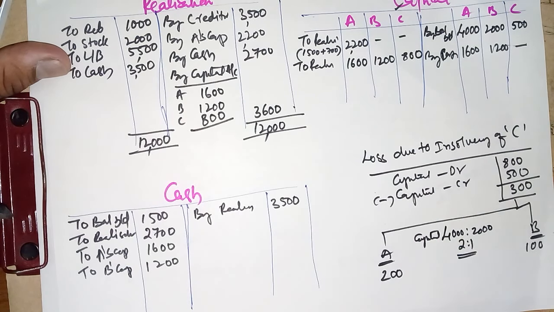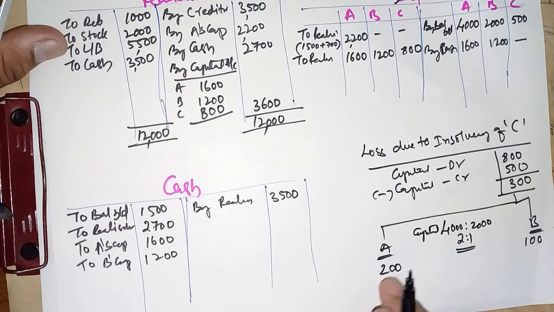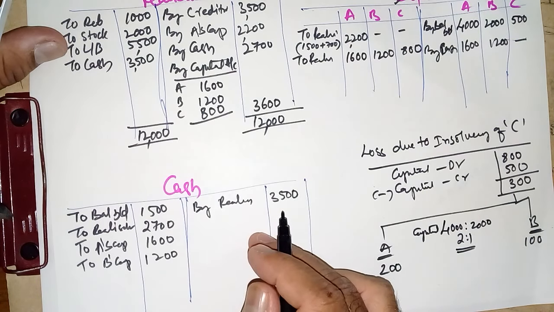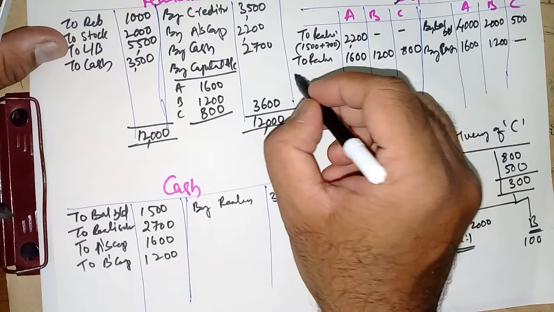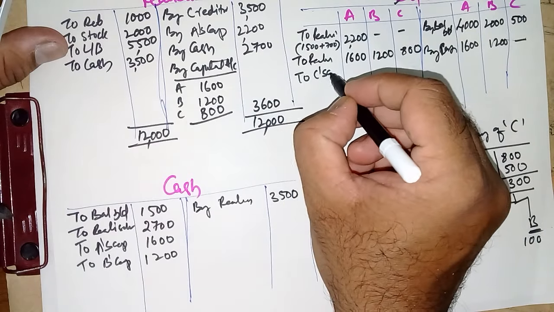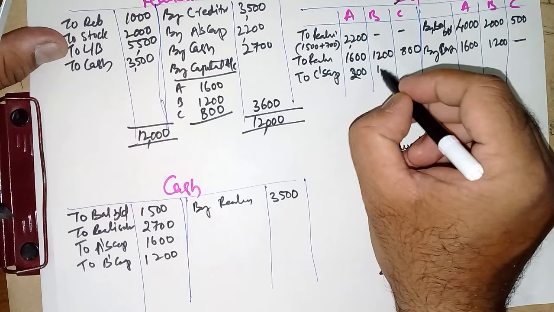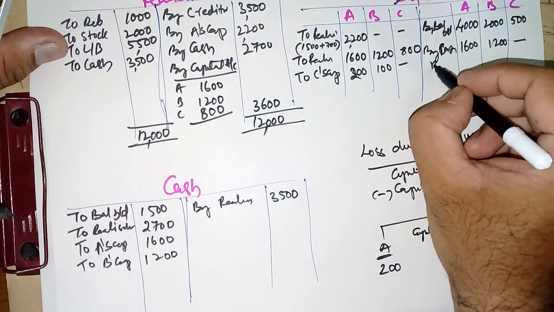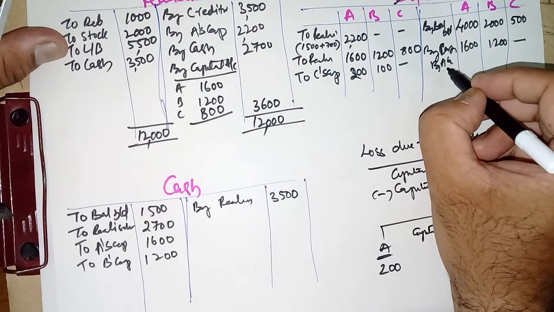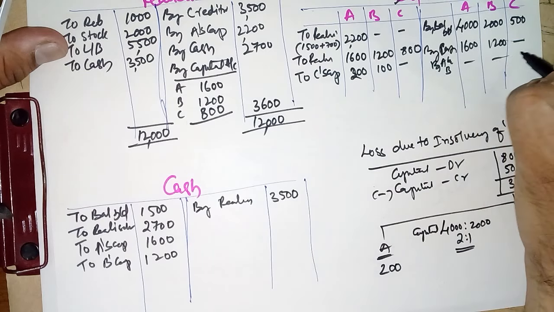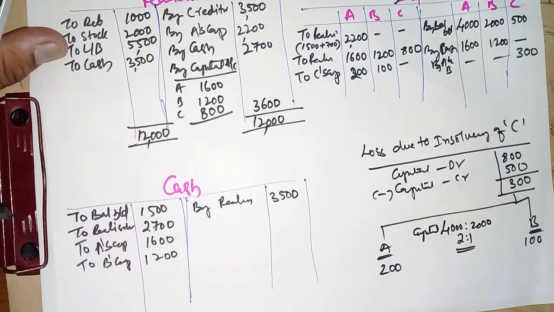For distribution of this loss, the entry would be A's capital, B's capital to C's capital, that is solvent partners' capital to the insolvent partner's capital. So we write to C's capital, 200, 100 and by A and B's capital in the C's column 300.